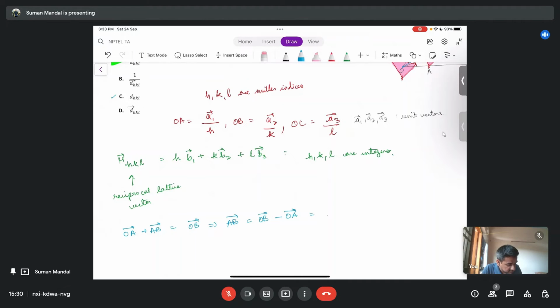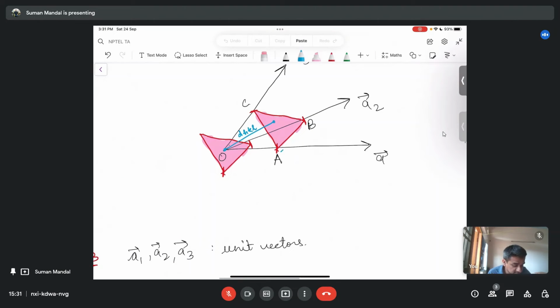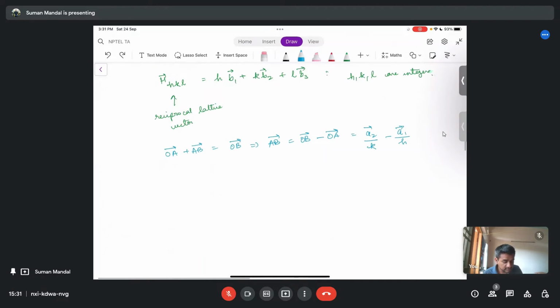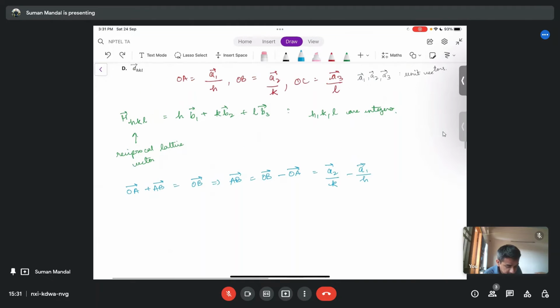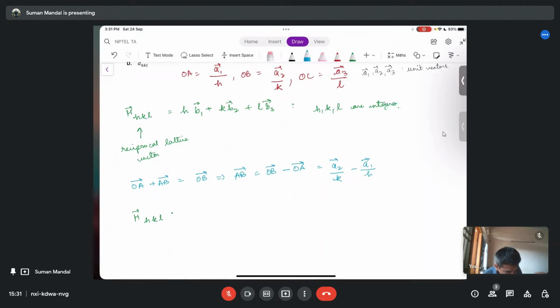So OB vector is A2 by K minus A1 vector by H. So this is one of the edges, the AB vector. So now if you do a dot product of HKL, this is the value of HKL, HKL dot AB vector.